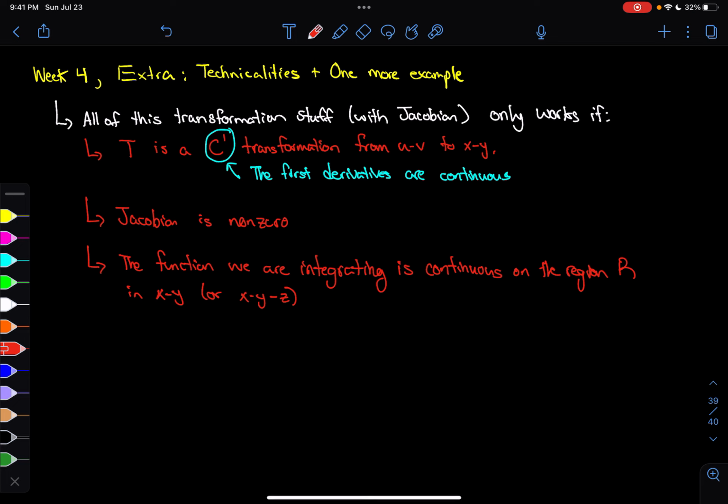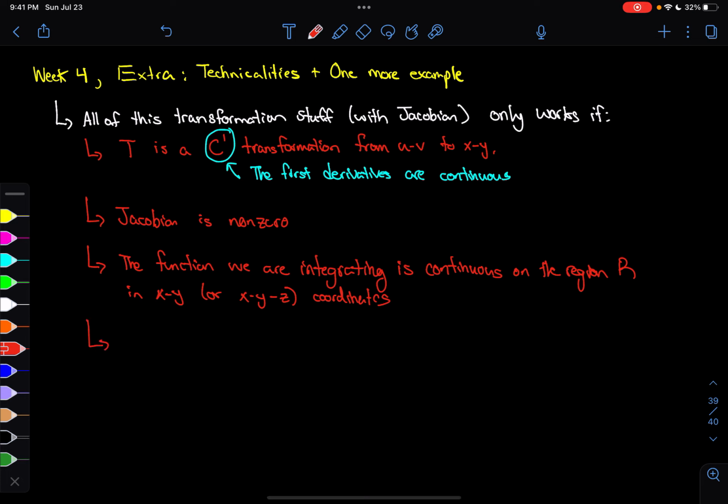So that's important. This business here with the transformation still needs to hold true if we're doing, say, spherical coordinates, where our transformation is a 3D transformation that goes from one 3D region to another 3D region.